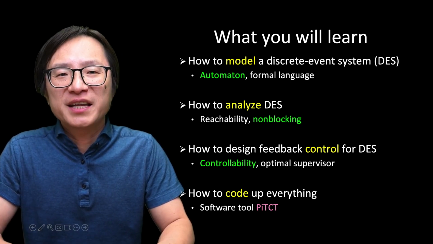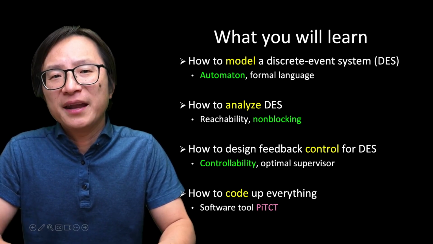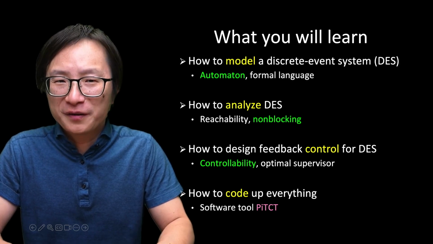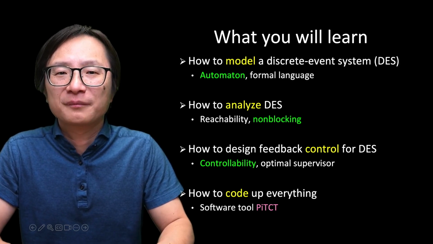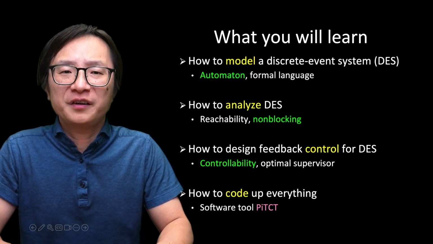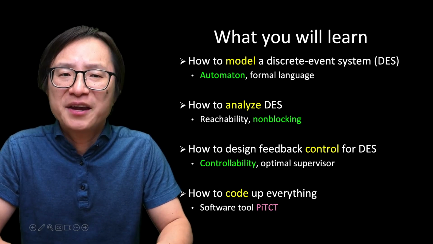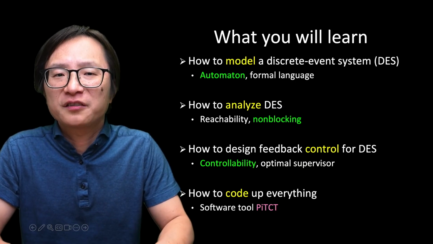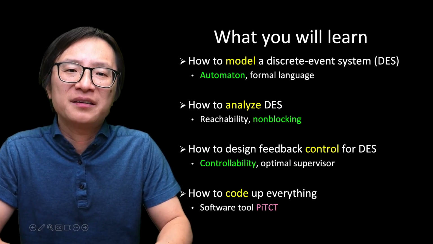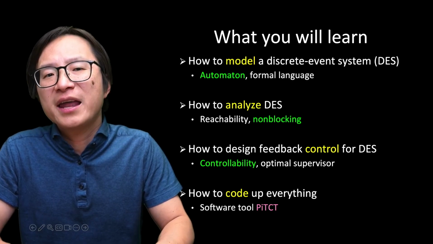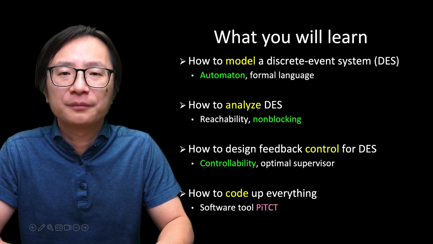This is a standard agenda to learn a control theory, and you will see most, if not all, the concepts are familiar. Along with the proceedings, you will learn how to code up everything so that you can get a tangible feel of the theory and see how the analysis and control design can be done and automated with code.